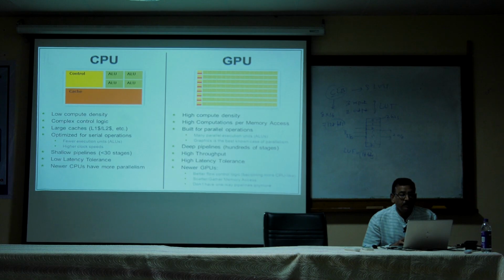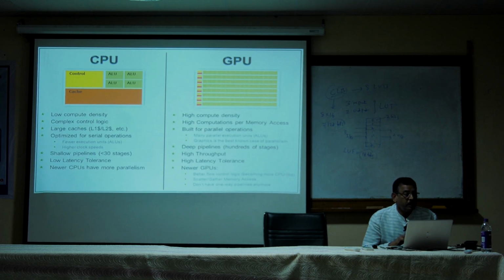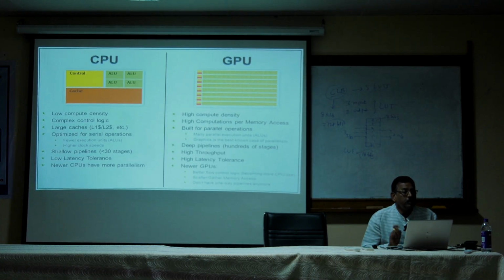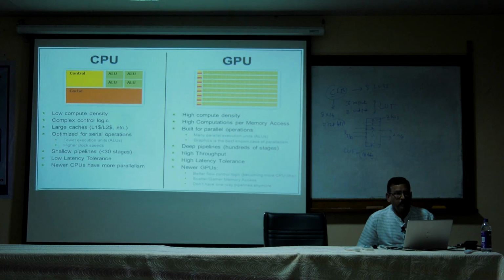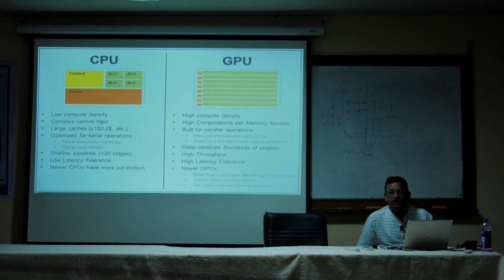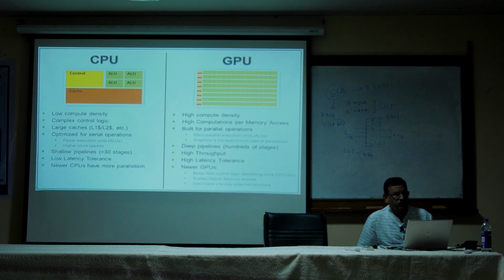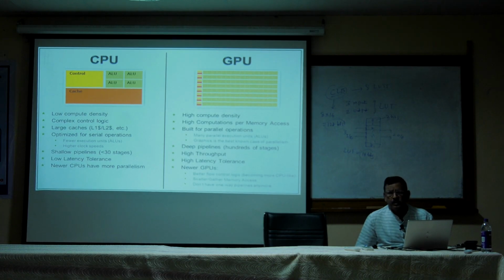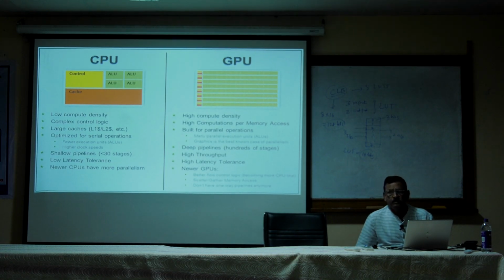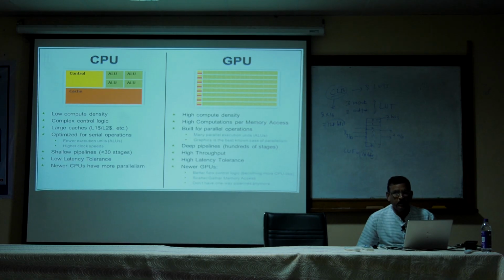And the CPU has large cache memory, that orange color block, maybe megabytes of cache memory. Cache memory is also present in the GPU, but it is very small and limited.